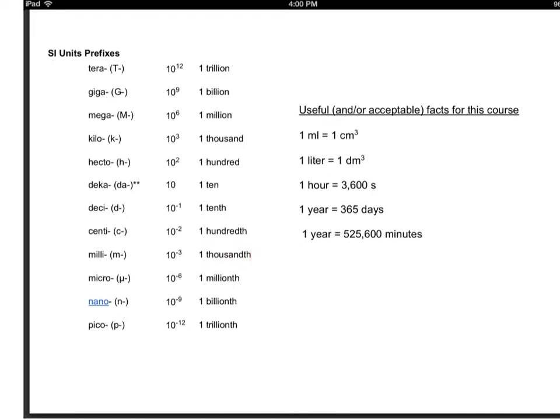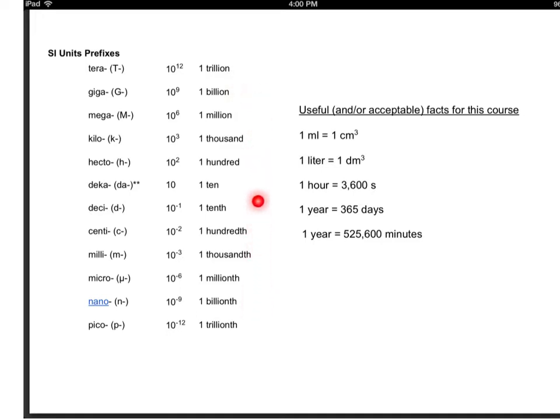These various prefixes can be used to describe any unit that we might be working with in the SI system. And because they're all related to powers of 10, it also makes it really easy to convert between all of them.